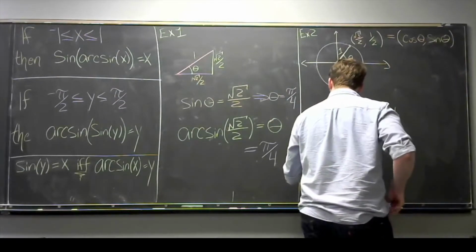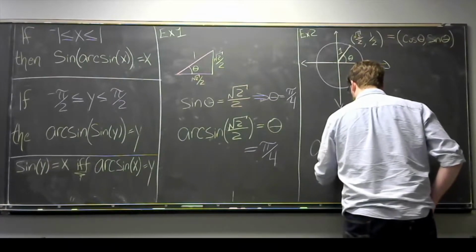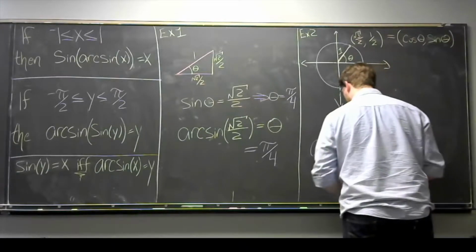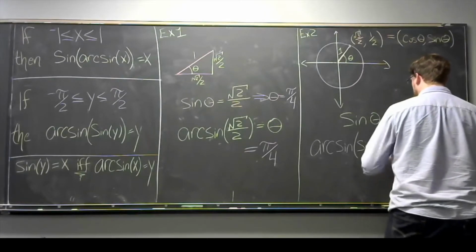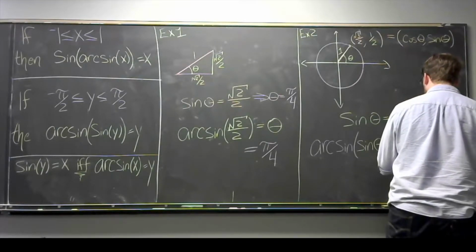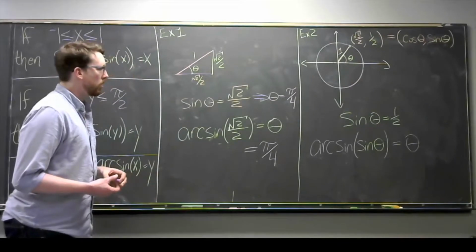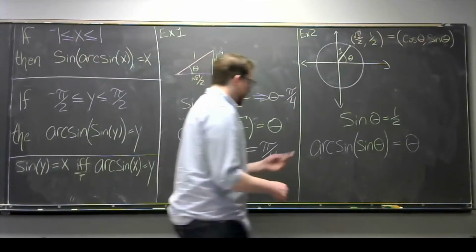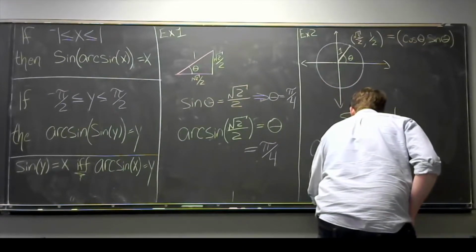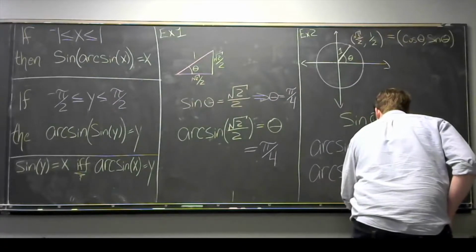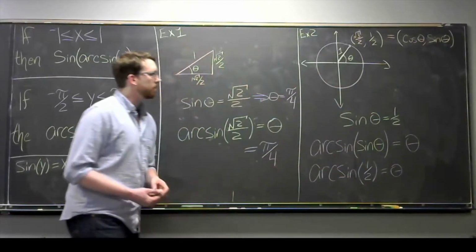And we know that the arc sine of theta is equal to theta. Okay. So what this is saying is the arc sine of 1/2 is equal to our angle, right? That's all we're really saying.